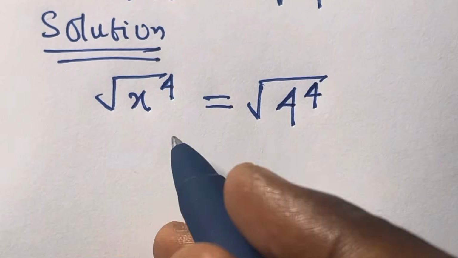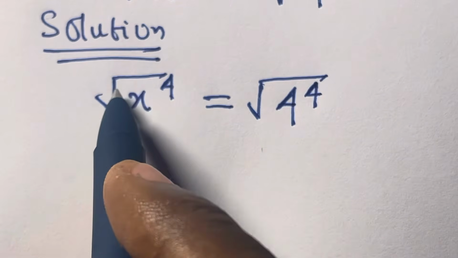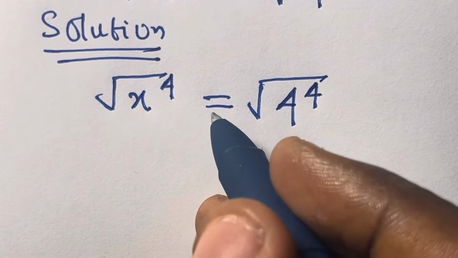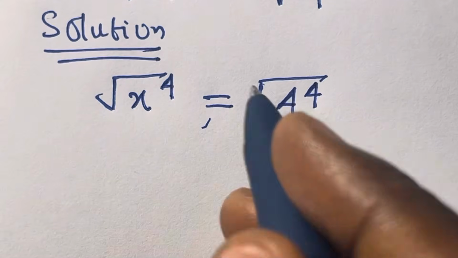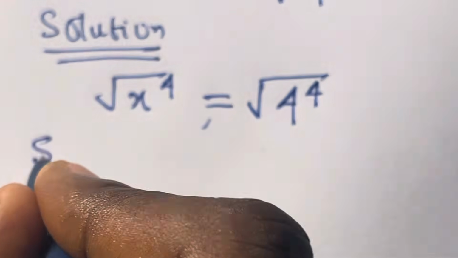So one of the first steps we are going to do is to find a way to cancel this square root, and to cancel the square root, we square both sides. So now let's square both sides.